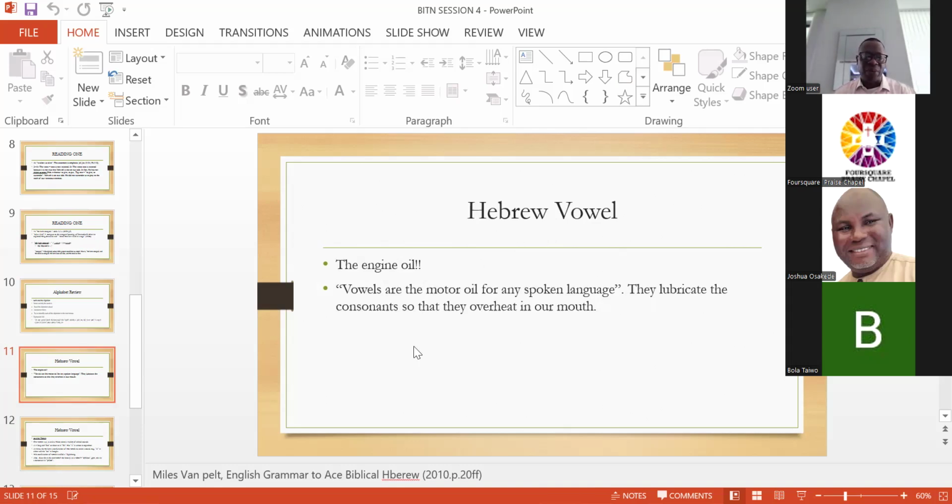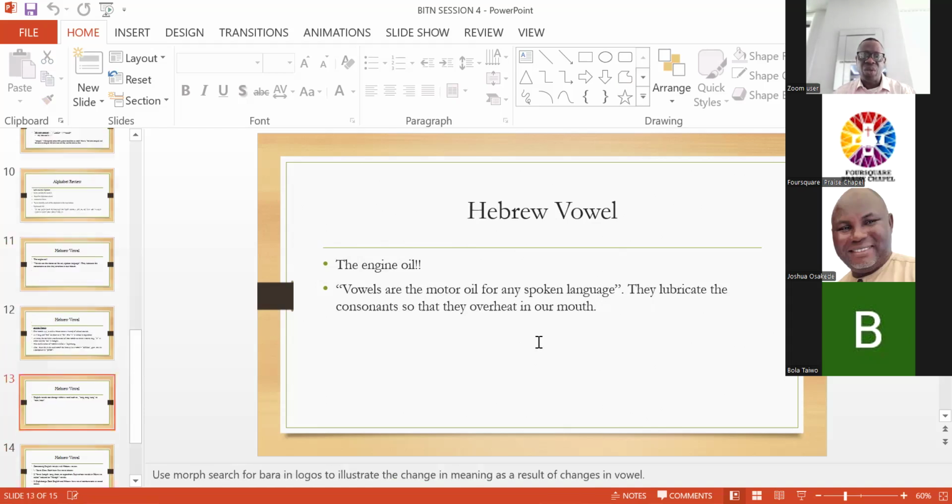And I'm taking this from the Hebrew professor, and his name is Miles Van Pelt, in the book English Grammar to Biblical Hebrew. Very, very good one for us, for starters. Anyway, we remember, it's very difficult to read just the consonants of a language.